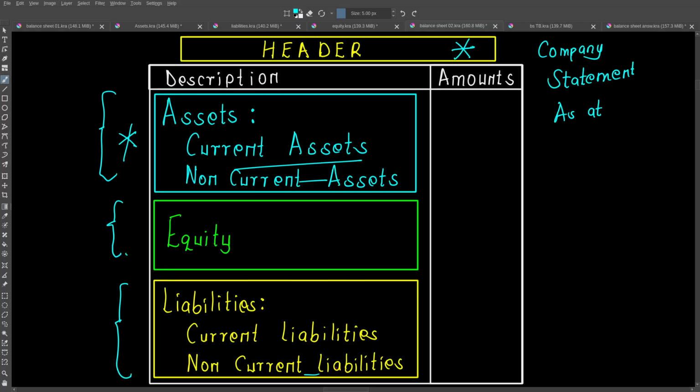As long as you are able to present your assets, your equity and liabilities, mostly we start with assets, you can follow with your liabilities, then equity. But basically, as long as you make sure you do the classification of assets, the current asset, non-current asset, then equity, and then liabilities, current liabilities and non-current liabilities.